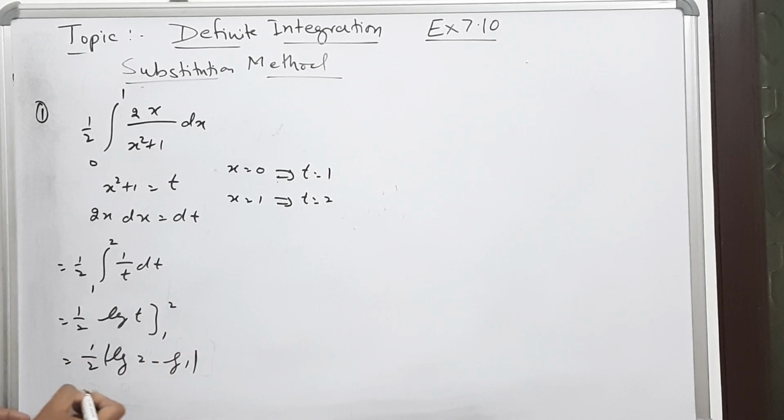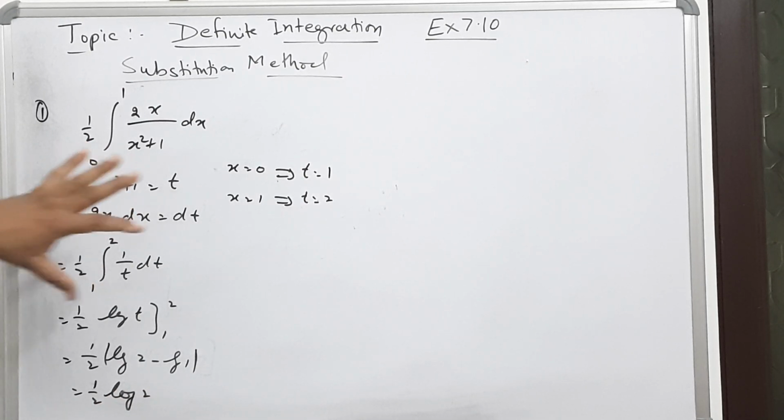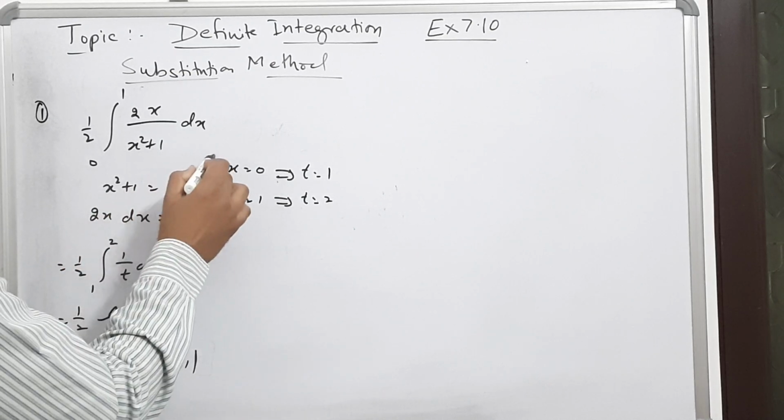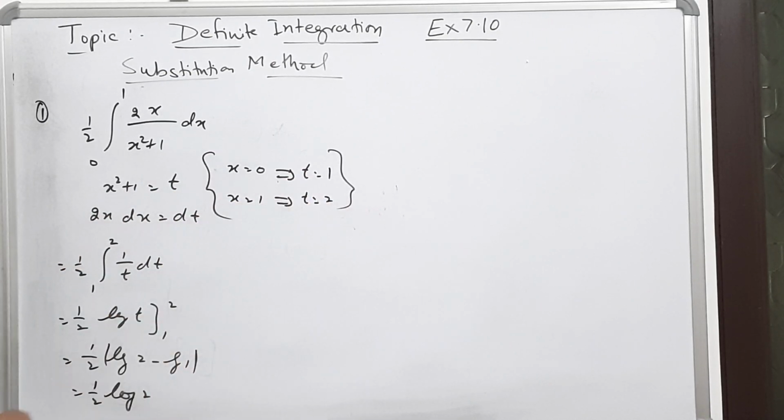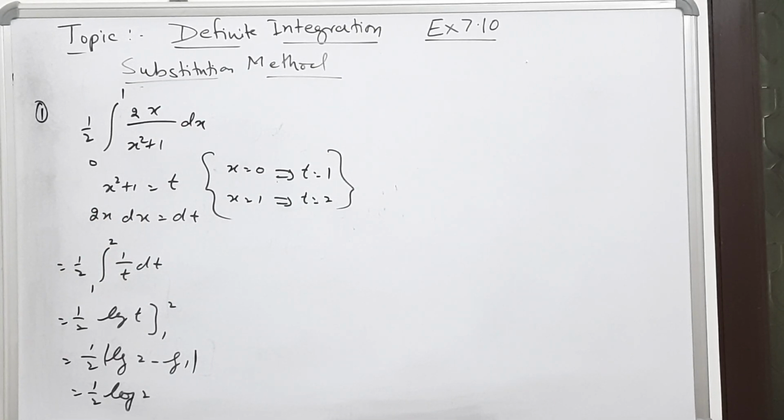And you all know that the value of log 1 is 0. So the answer is half log 2. That is the actual meaning of the substitution, and the very important part is how to change the limit. That is what I want to explain through this particular problem. That is the whole part in the substitution method.